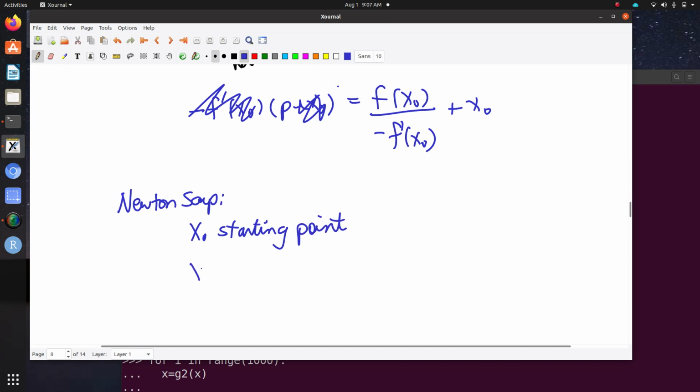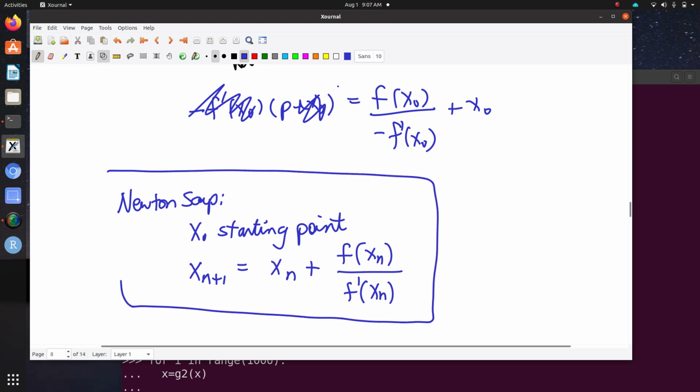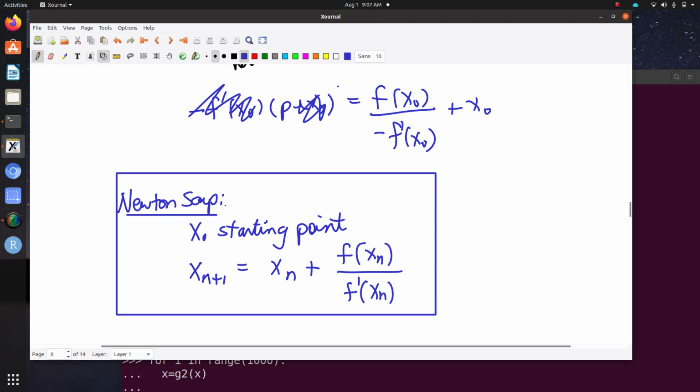And then x, the next value, n plus 1, is you take your previous value and you add to it f of xn divided by f prime of xn. Okay, so let's see if I can actually get at this to draw a box for you. Newton says, so this is Newton's method.